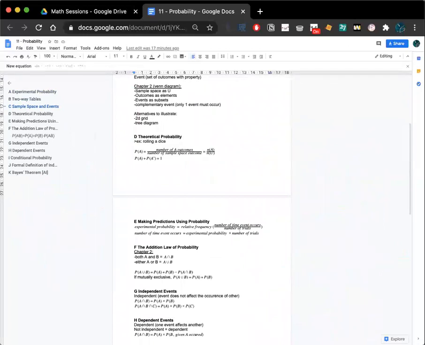Okay, so like I said before, in theory, probability is denoted by the number of A outcomes over all outcomes in the sample space.